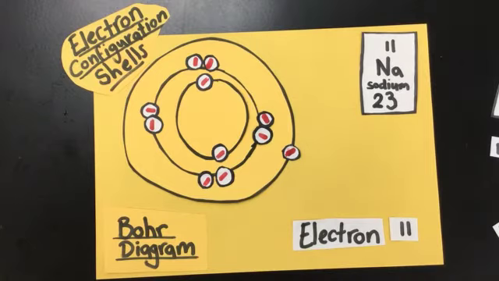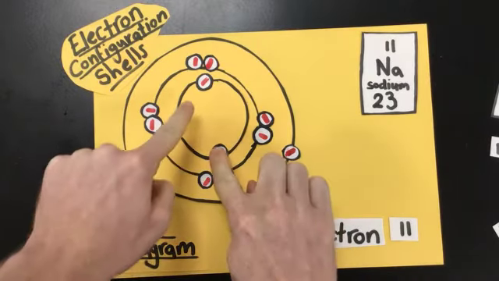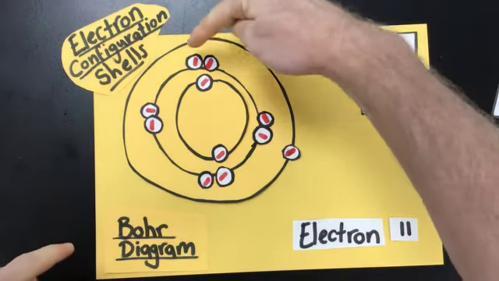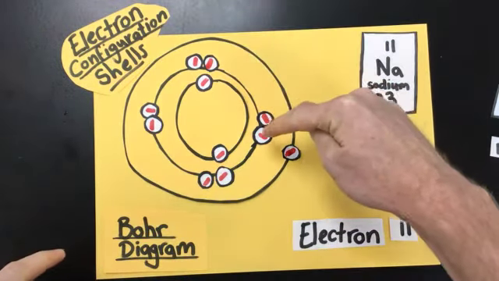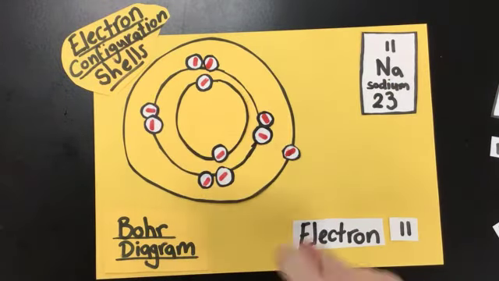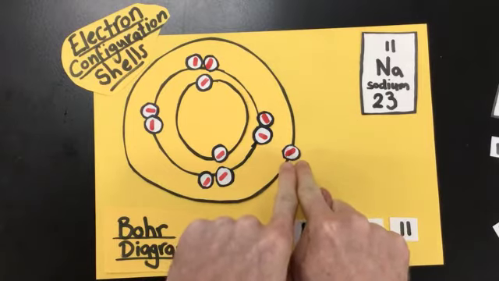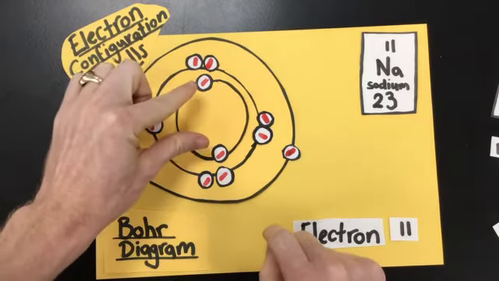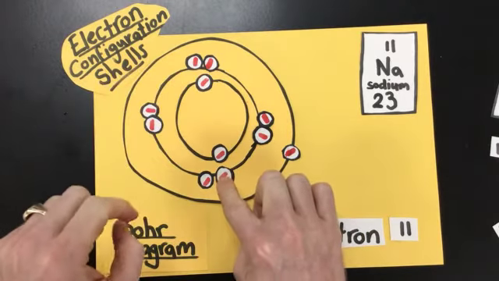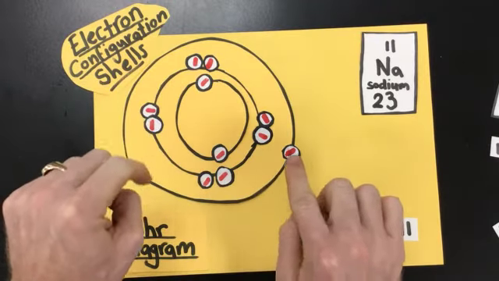So now we can count and see if we got it correct. Well, let's have a look. In that first shell, we've got 1 and 2. In our second shell, we've got 1, 2, 3, 4, 5, 6, 7, 8. And in our last shell, we have 1. If we count them all up, that's 2, 4, 6, 8, 10, 11.